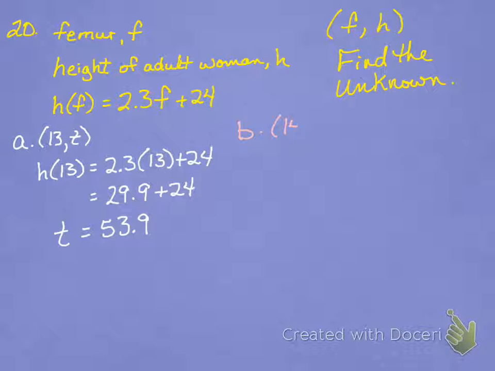B gives us a coordinate pair of 14.5, P. Substitute 14.5 for the femur length.